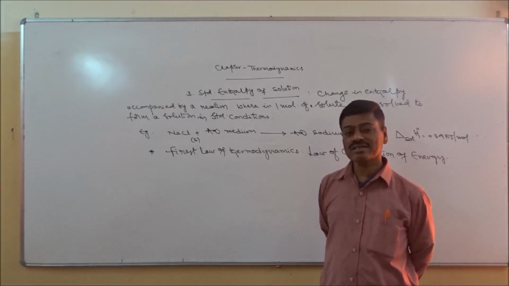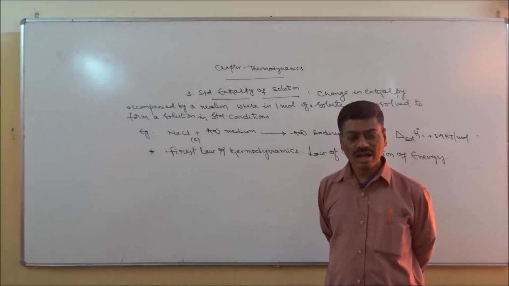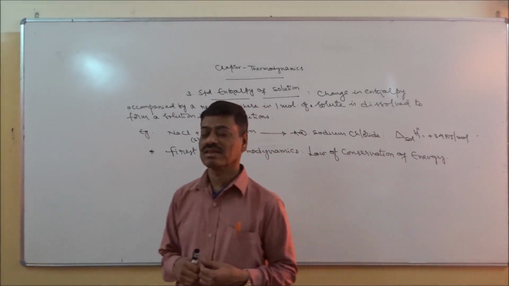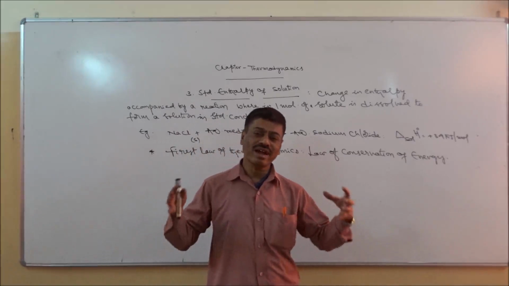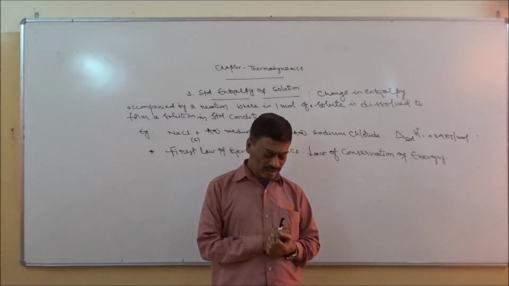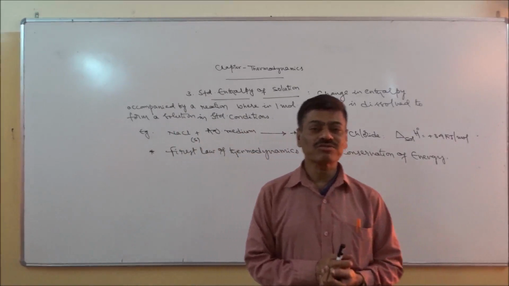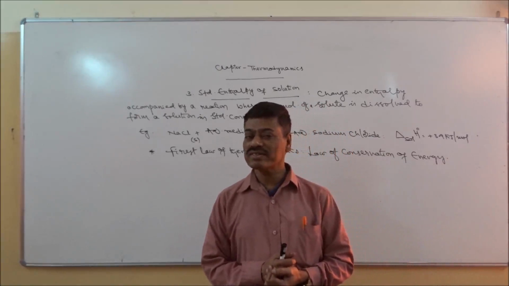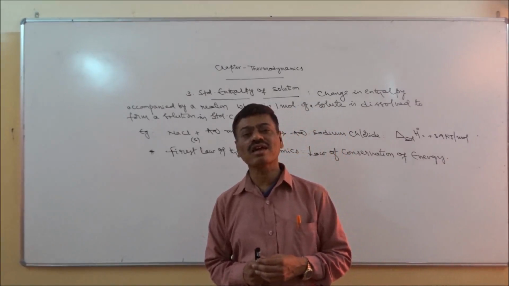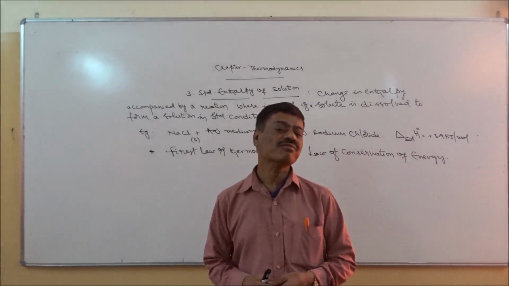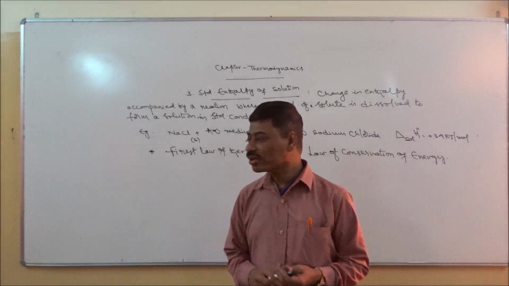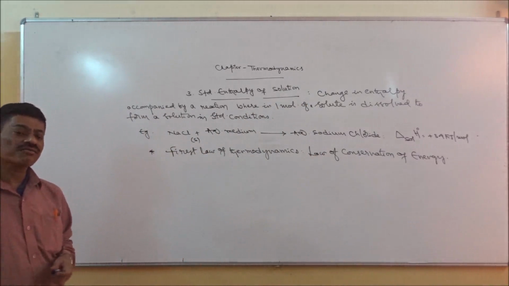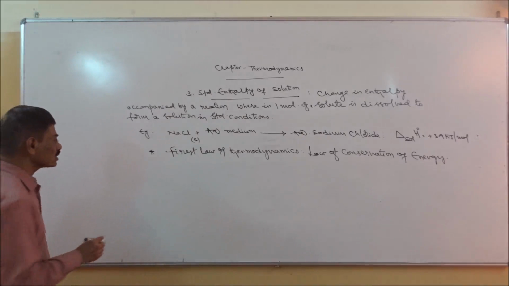When reaction occurs in many steps, then if we add all the changes in enthalpies of those steps, then the total change in enthalpy which we are going to get will be equal to the total change in enthalpy accompanied by the same reaction when it occurs in one step. So that is nothing but Hess's law of constant heat summation.